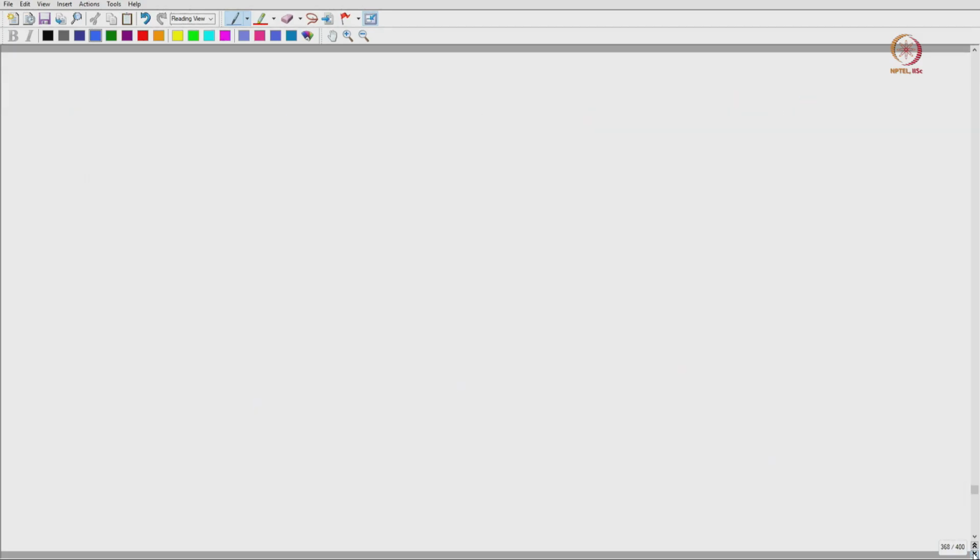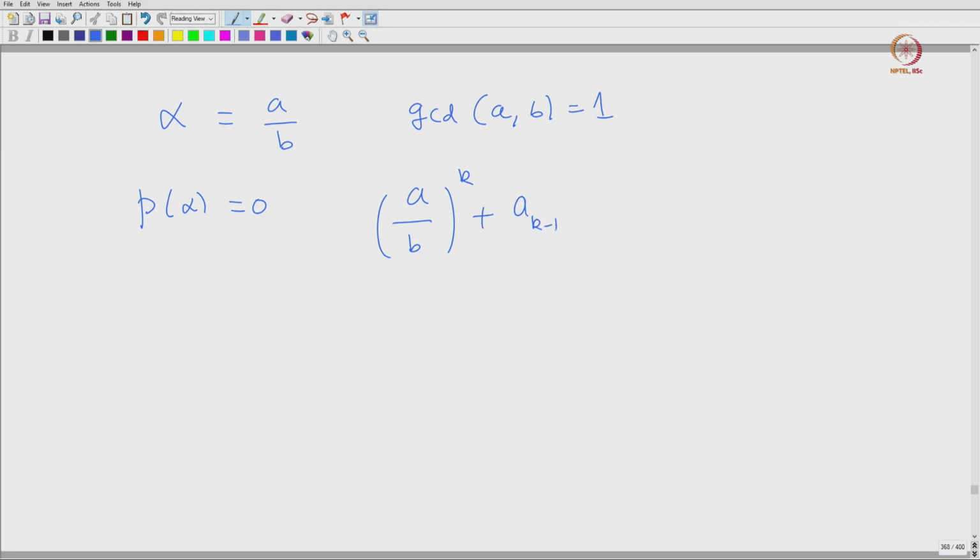Now you can write alpha as a by b with GCD of a comma b equal to 1. If you substitute this in the equation p of alpha equal to 0, we get exactly (a by b) to the power k plus a_(k minus 1) (a by b) to the power k minus 1 plus etcetera plus a naught equal to 0.